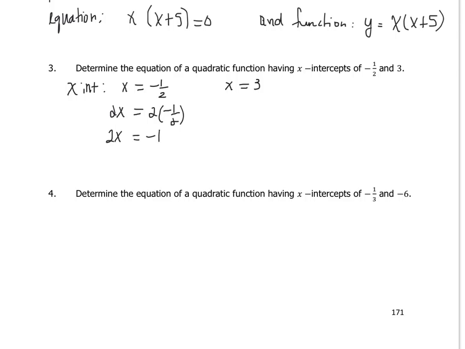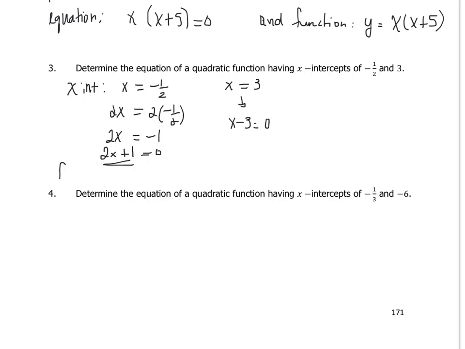Then if I bring that 1 over, that makes 2x plus 1 equals 0, and that would be my factor, 2x plus 1. And this one here would be x minus 3 equals 0.